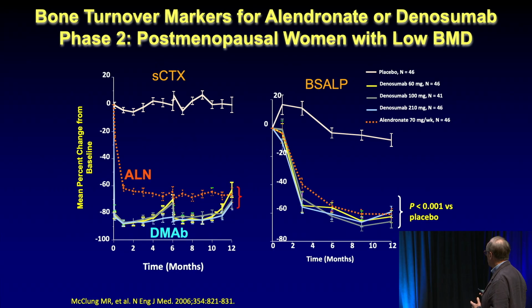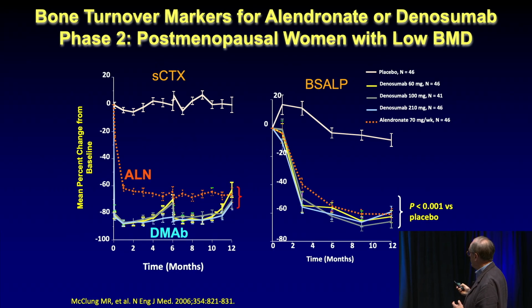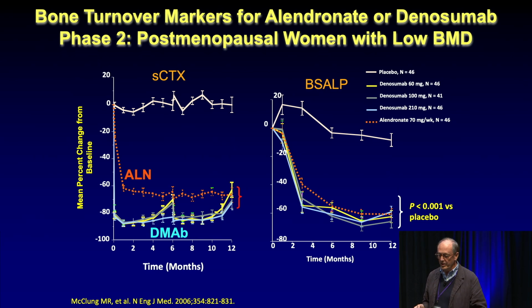So in this example, it's a comparison between a bisphosphonate, alendronate, and denosumab, the anti-RANK ligand antibody. You can see that both are very successful at decreasing this bone resorption marker, 60-70% with alendronate, and 90% with denosumab. So very efficient treatments.